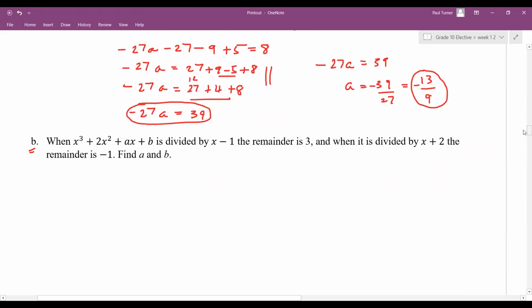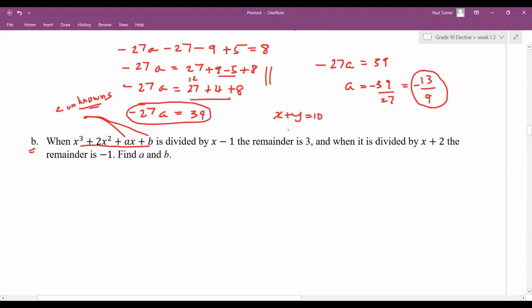Okay, so in part B, we've got a polynomial. Now you have two unknowns. You see A and B here, there's two unknowns in this part. Now, when you have two unknowns, you need two bits of information to find them. Otherwise, it's like if I said x plus y is 10.